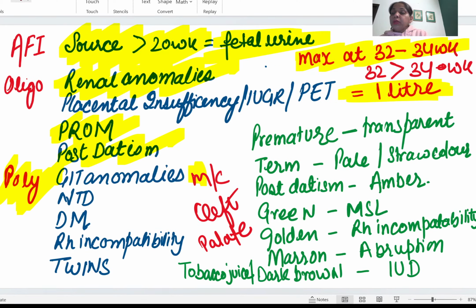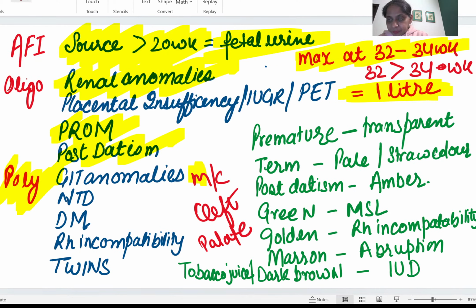Okay, now the other anomalies which lead to polyhydramnios, yes, Dr. Kavita, you are right, is neural tube defects. Because of the neural tube defects, the brain swallowing center gets affected, and as a result there is polyhydramnios.